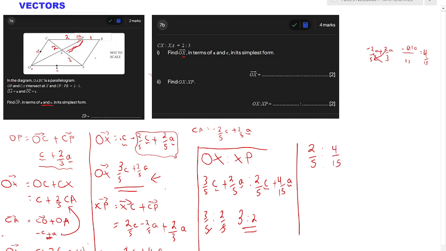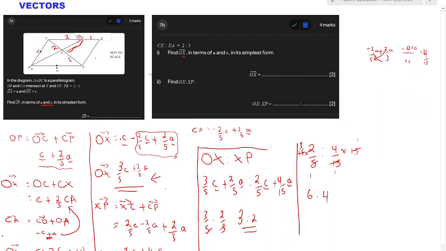One thing we should do here is multiply by the least common multiple. I can multiply here by 15 and here by 15, so that this cancels out. Then 5 divided by 5 is 1, and 15 divided by 5 is 3. So we have 3 times 2, which is 6, to 4.